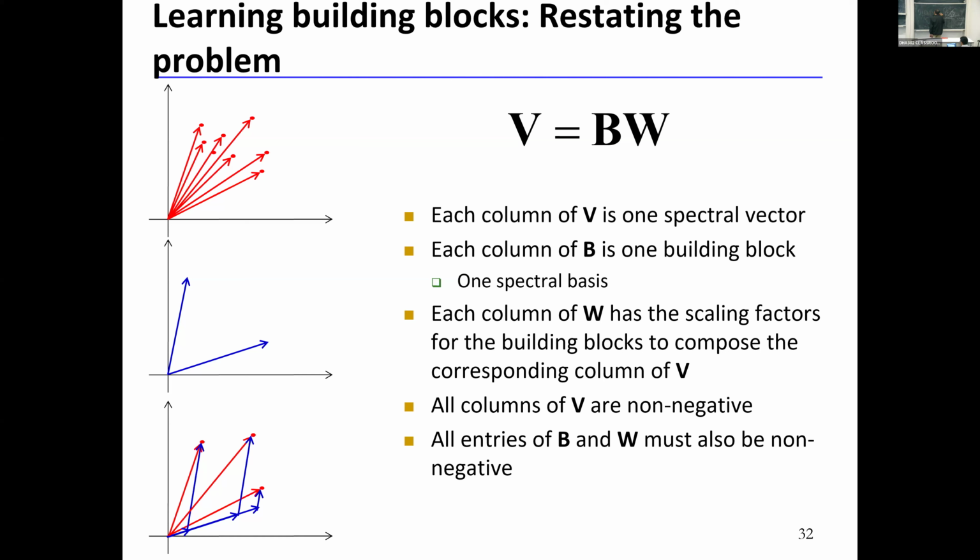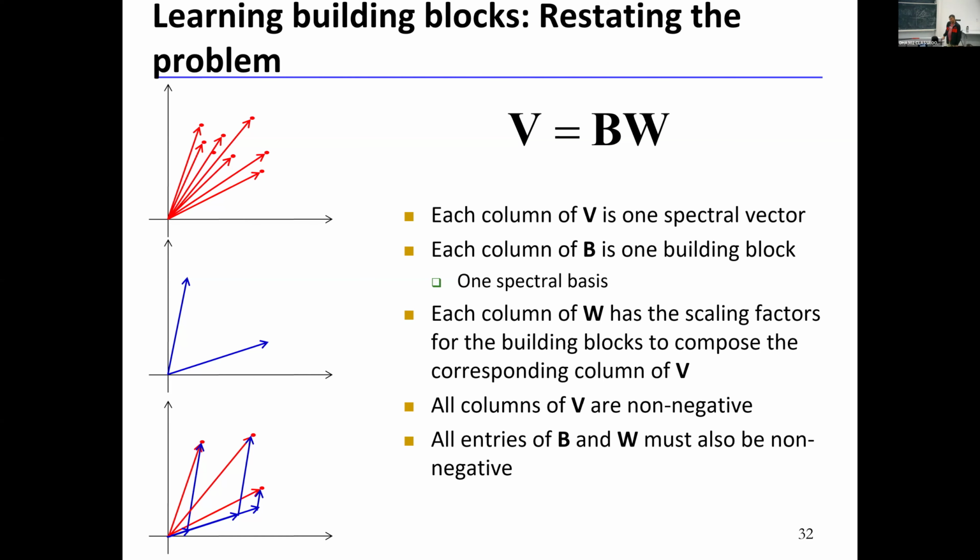And then here, this set of weights represents how these are combined to compose this guy, and this set of weights represents how these are combined to compose this guy, and so on. Correct? And so I can write the whole thing as V equals B times W.